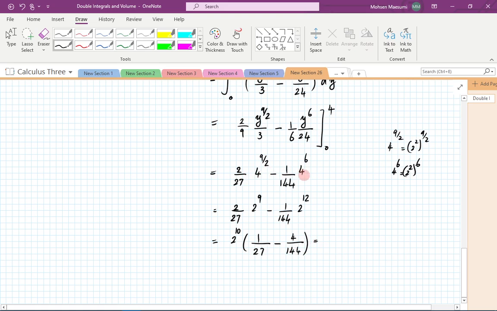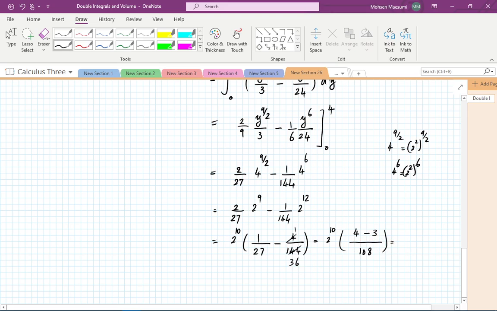Once again, you could have stopped there, but I'm just curious how clean we can make this final answer. So this becomes 1 over 36, and then I have 2 to the power of 10, and between 27 and 36 I need to take a common denominator. This is an extra factor of 3 over that one, so it becomes 1 over 8, and this becomes 4, and this becomes 3.